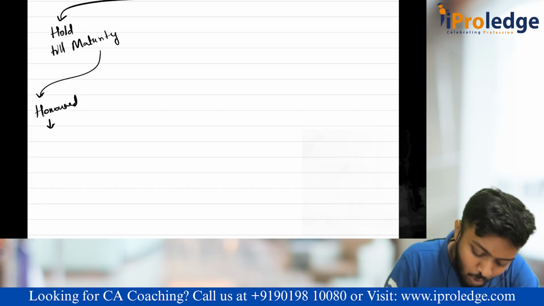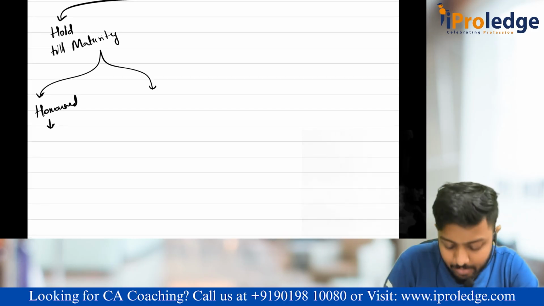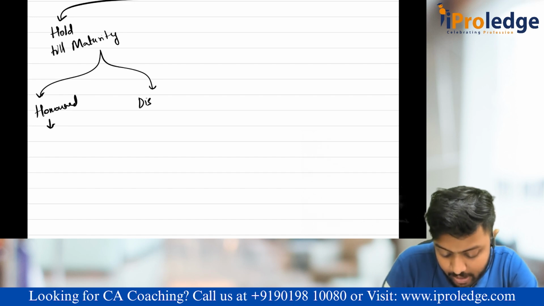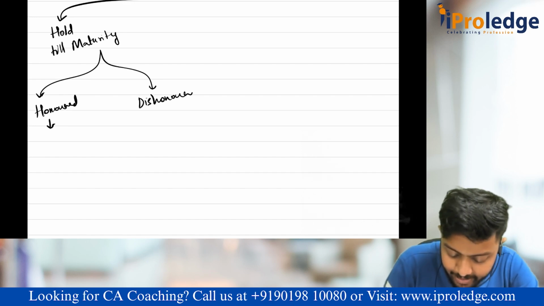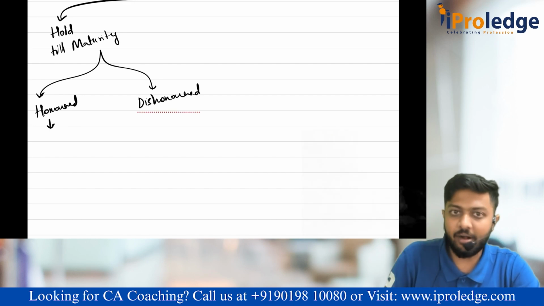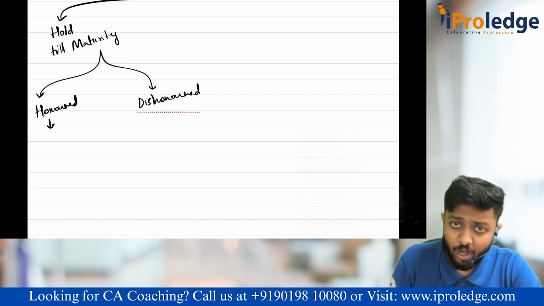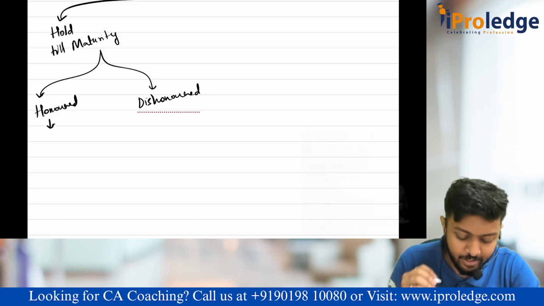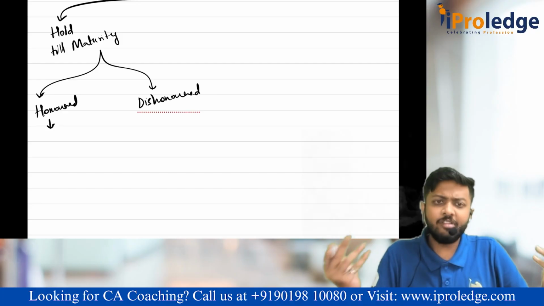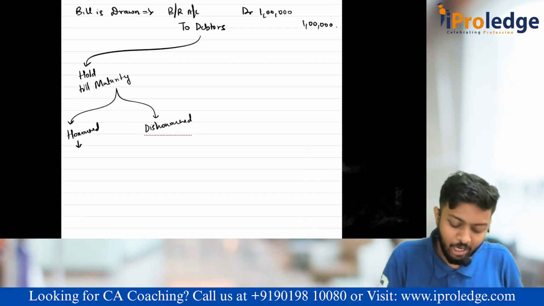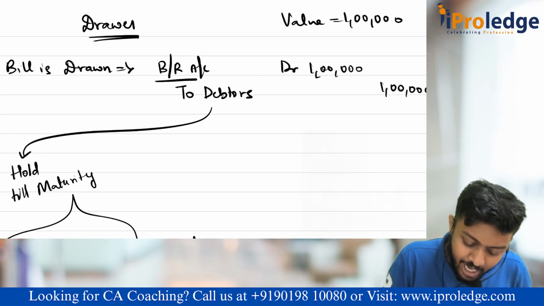One more possibility, if you hold till maturity, is the bill getting dishonored, and that drawee is not giving you money. Gone. We'll come to the dishonored entries later. Now let's come to honored. If you received the money, what is the entry? Now the entire balance is lying in the BR account.